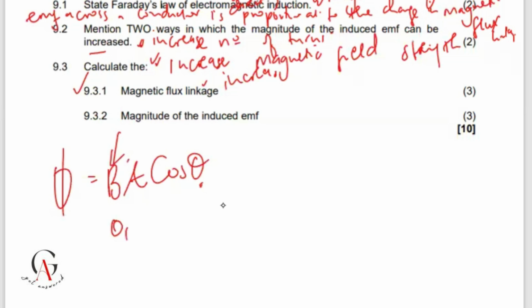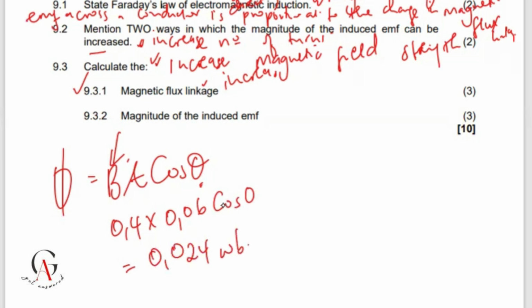So our B was 0,4, the area was 0,06 times the cos of 0. Now the cos of 0 must be 1, so 0,4 times 0,06. This gives me 0,024. So we know that magnetic flux linkage is measured in Weber.